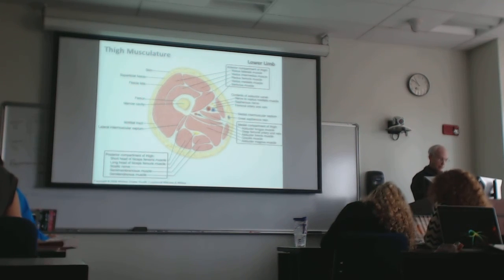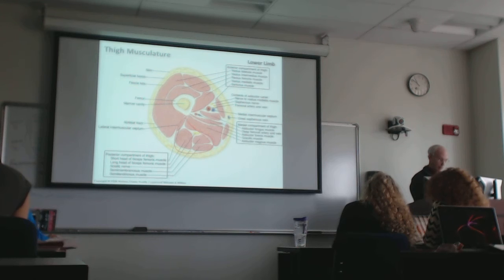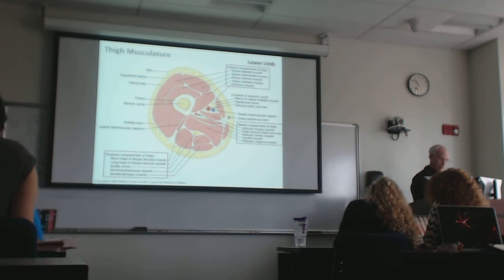And then finally, here's our posterior compartment down here, primarily consisting of the biceps femoris, which you can see are these two muscles over here, this being the larger of the two heads. And then the semitendinosus and the semimembranosus.